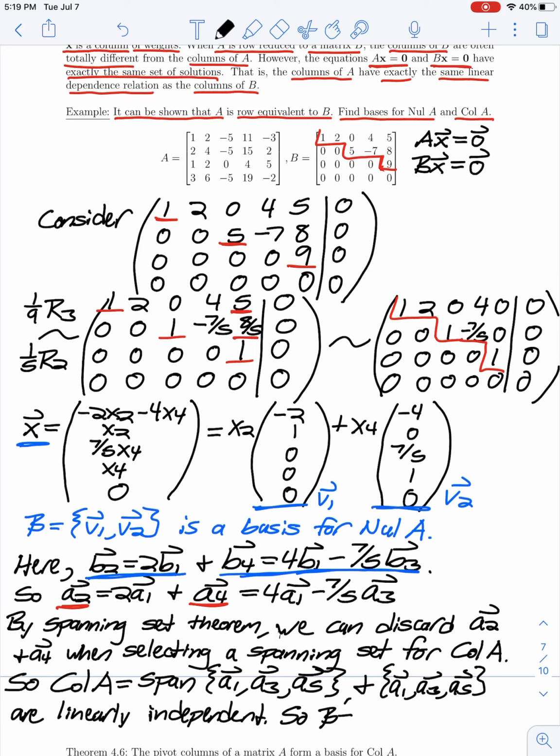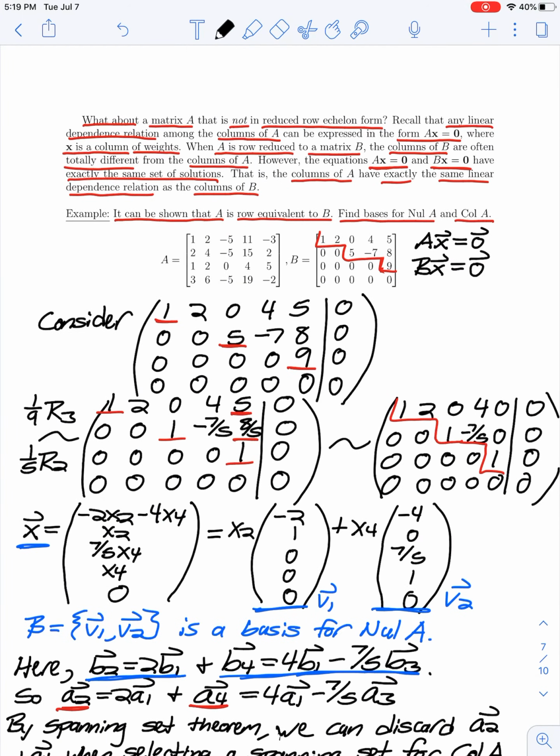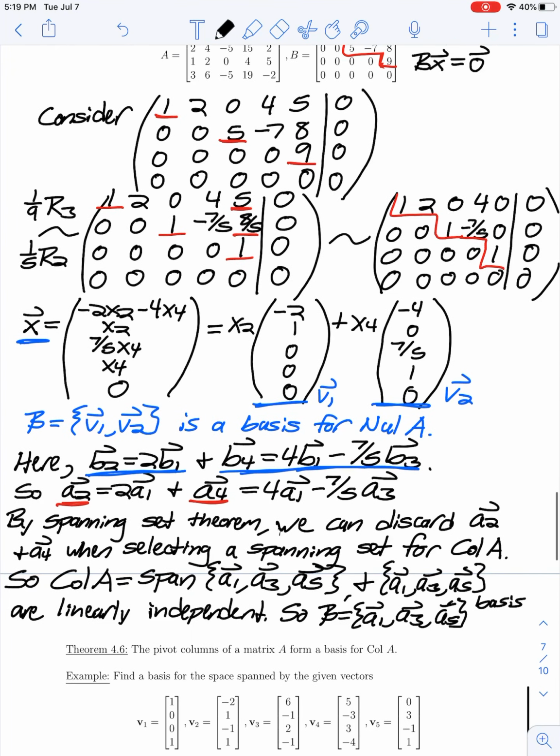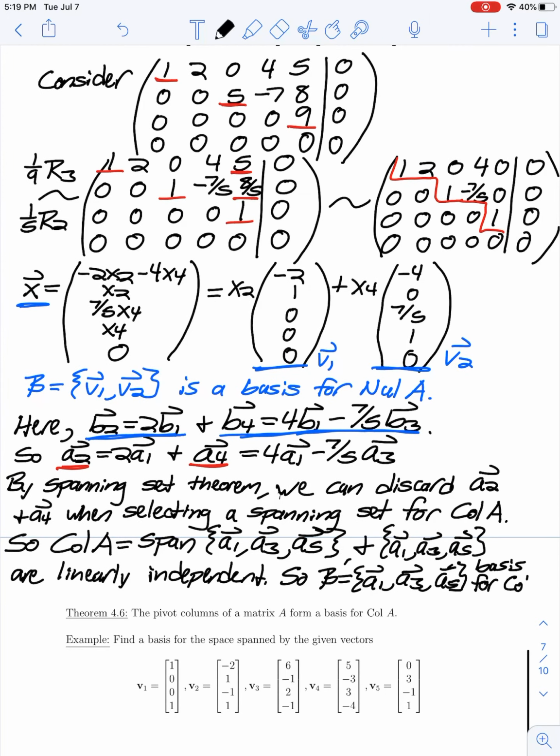So the set B, consisting of the first column, third column, and fifth column of A, is a basis for the column space of A.